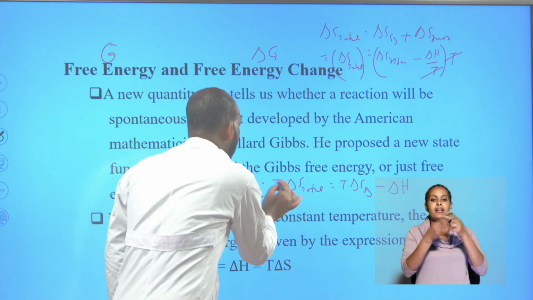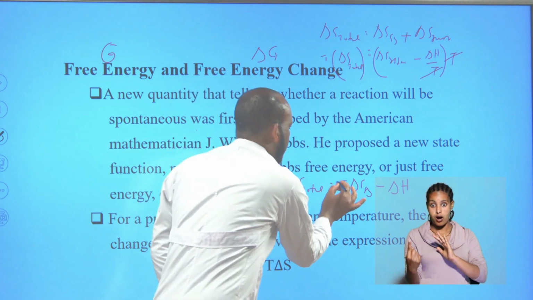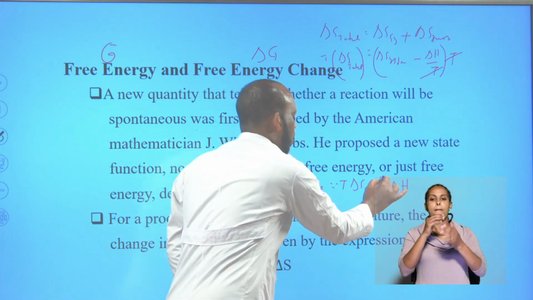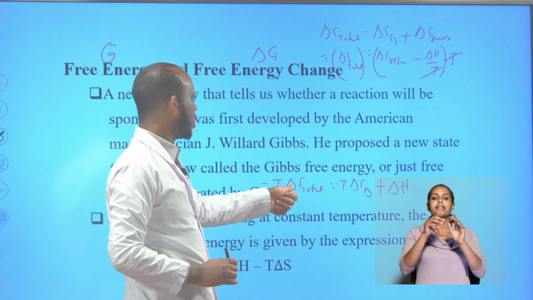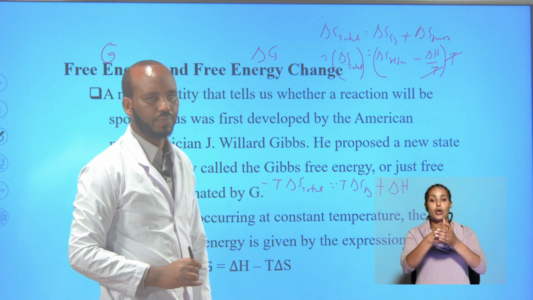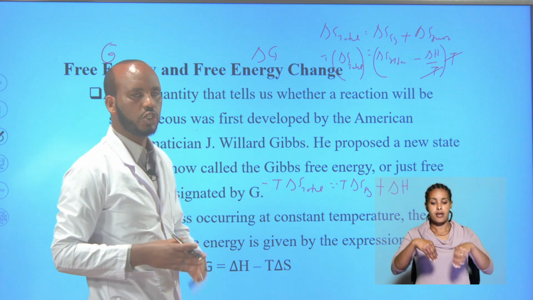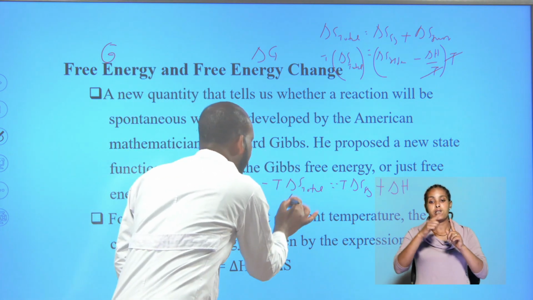Now this becomes minus T times delta S total equals minus T times delta S plus delta H. Minus T times the total entropy change is the Gibbs free energy change, denoted by the symbol delta G.